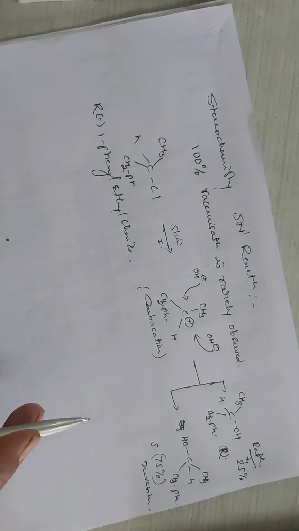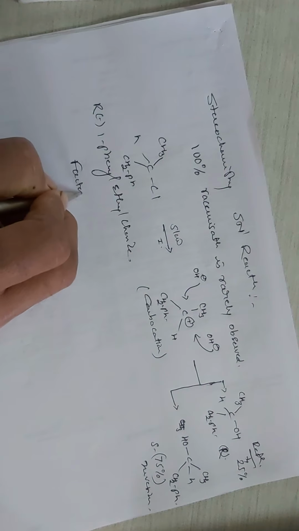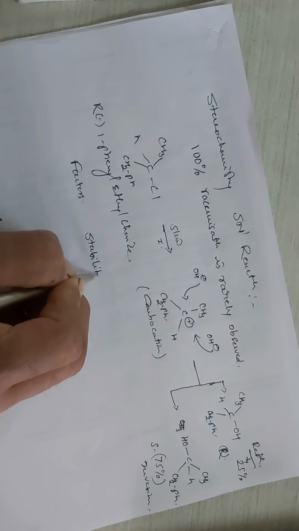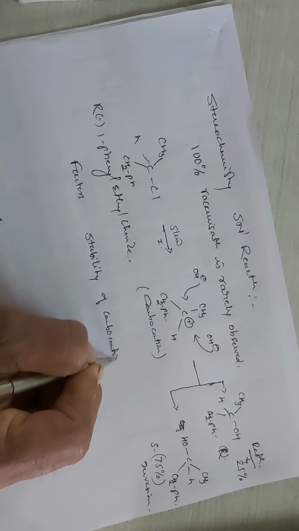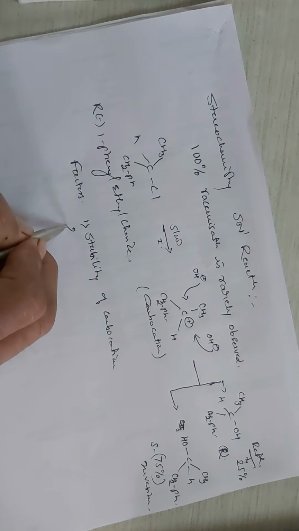So 75% inversion indicates that the backside attack is favorable, and 25% retention indicates that it is a front side attack. These two things are best explained by the factors, that is the stability of carbocation and the nucleophilicity of the solvent.